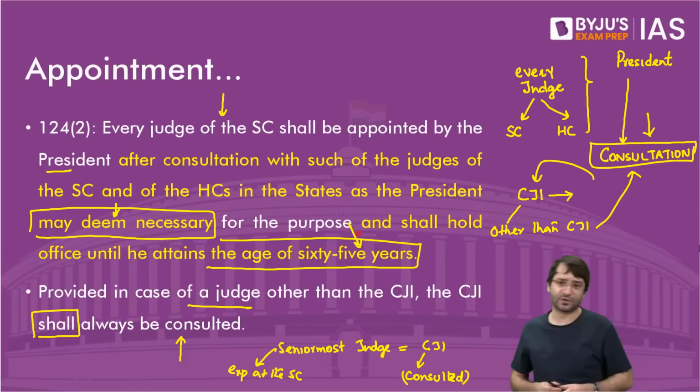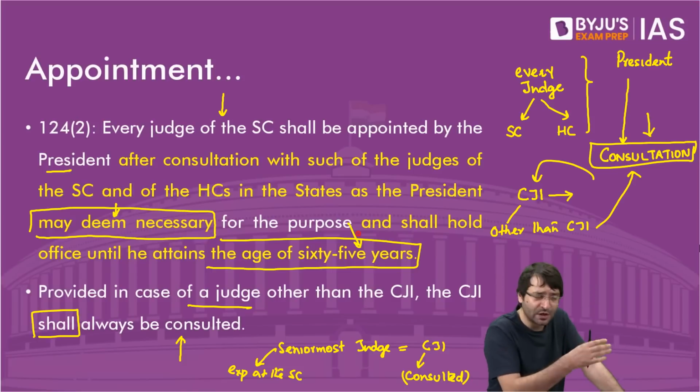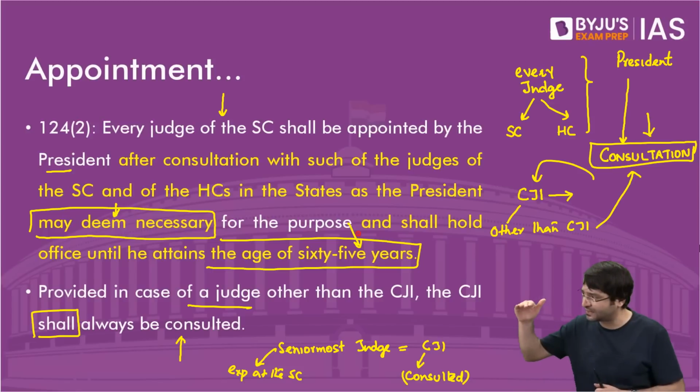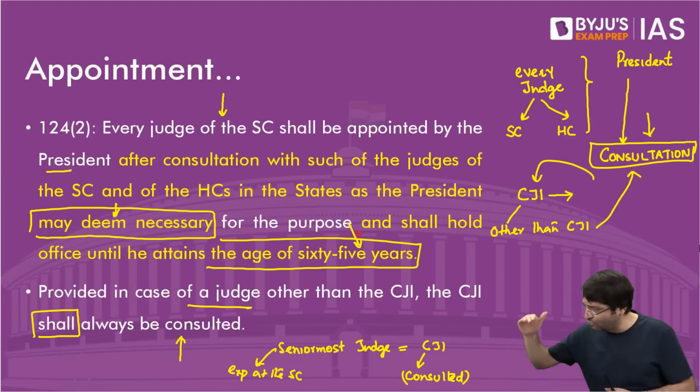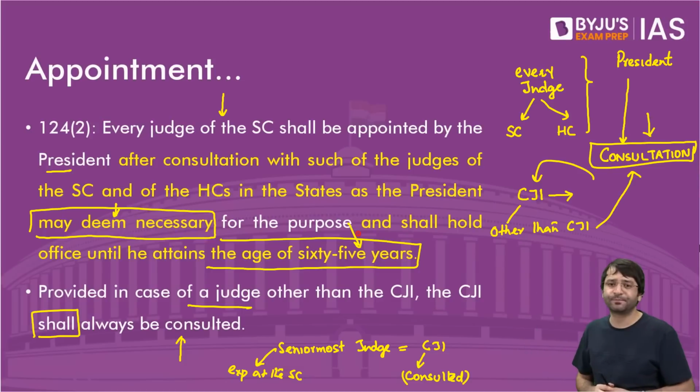And that was the convention. The convention was that the senior most judge of the Supreme Court was appointed as the Chief Justice of India. That means whenever there is a vacancy in the office of the Chief Justice of India, the President will look at who is now the senior most judge of the Supreme Court.